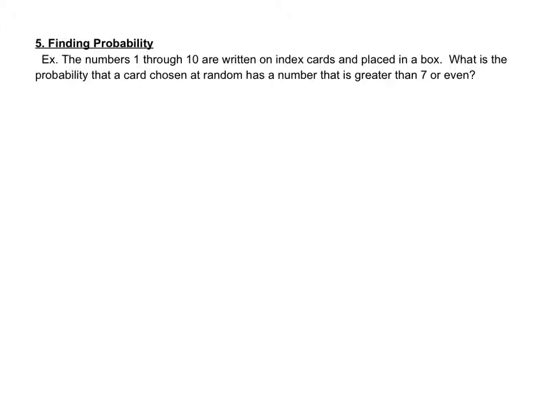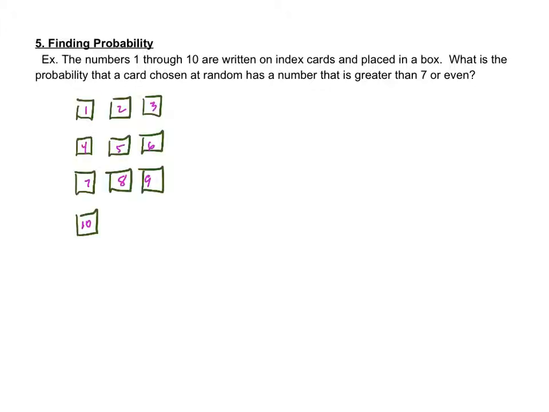Finding the probability, the numbers 1 through 10 are written on index cards and placed in a box. What is the probability that a card chosen at random has a number that is greater than 7 or even?